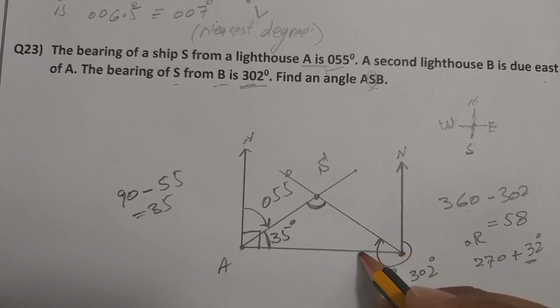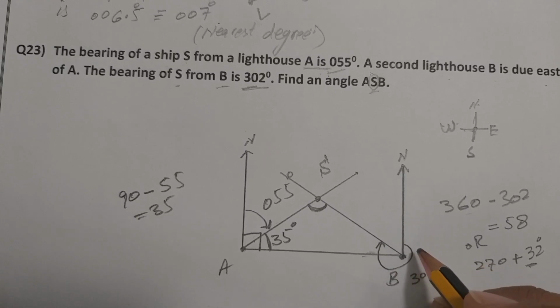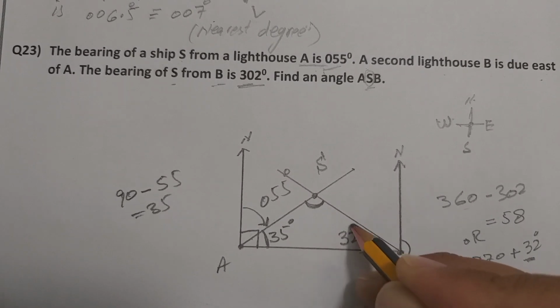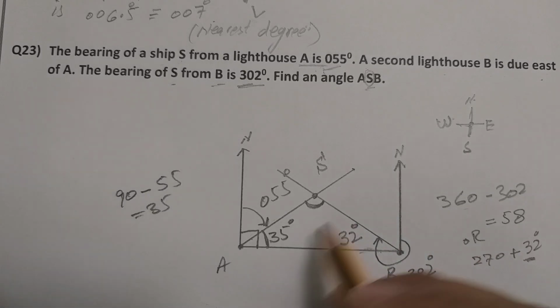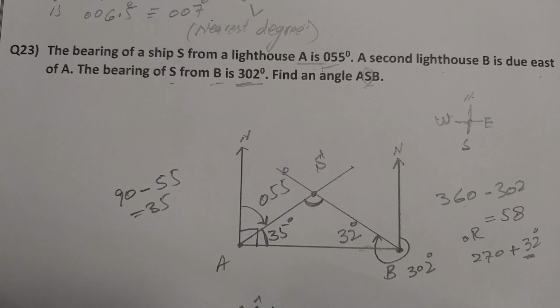So from the north, if we rotate, we have here 270. So it is just 32 degrees extra over 270. It means this angle is 32 degrees. We know the total angles in a triangle add up to 180.